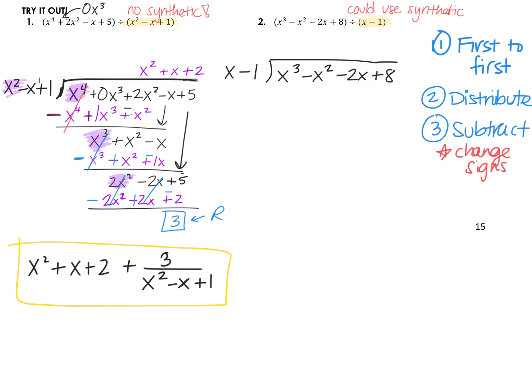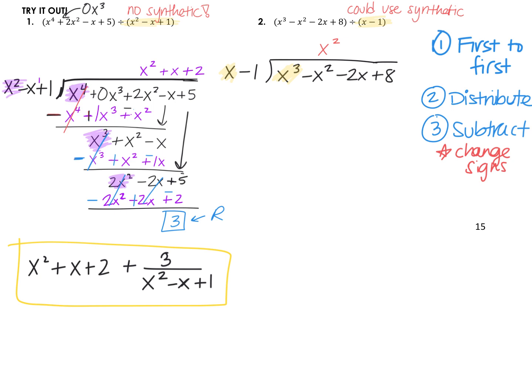Okay, first to first. I'll do it in a different color this time. X to the third. x times what is x to the third? X squared. So he goes up top. Do it in red.